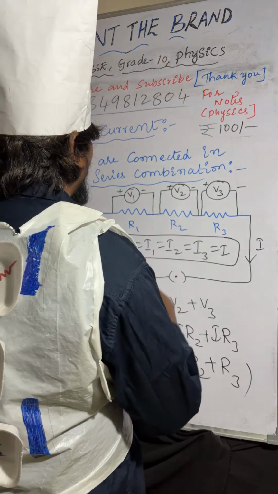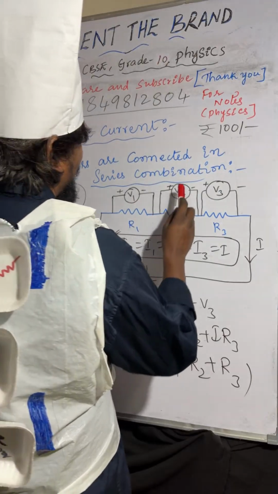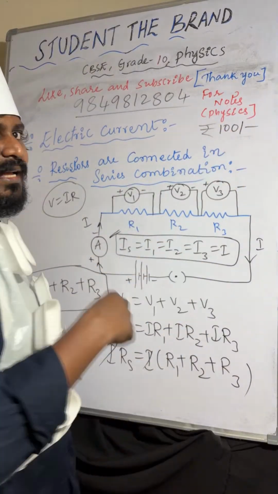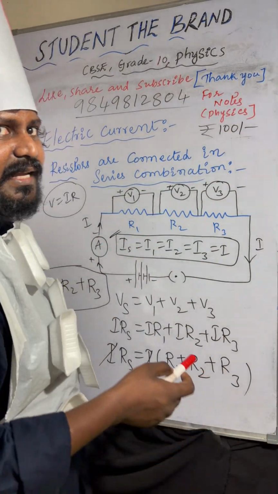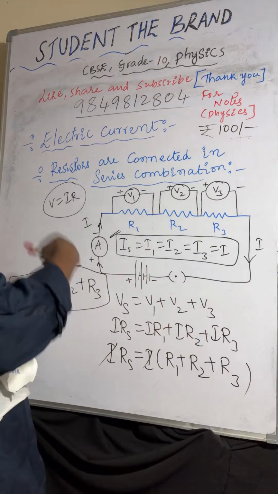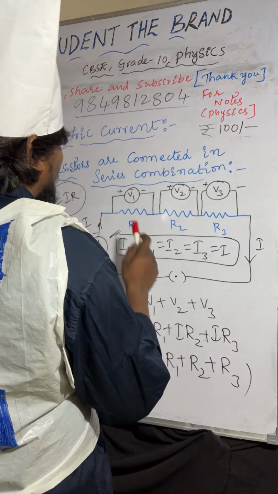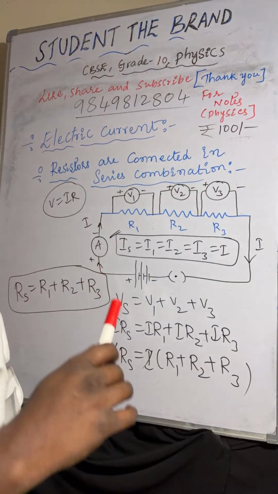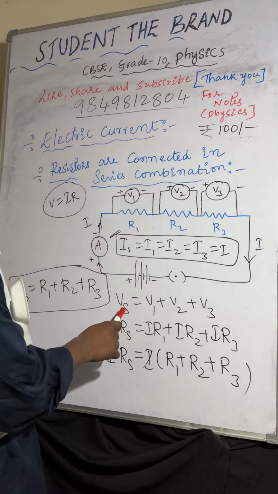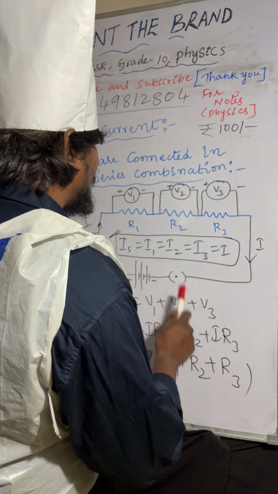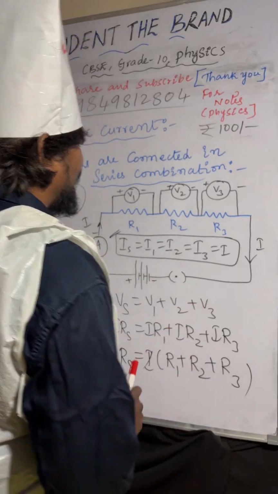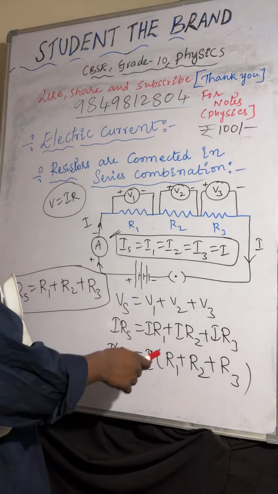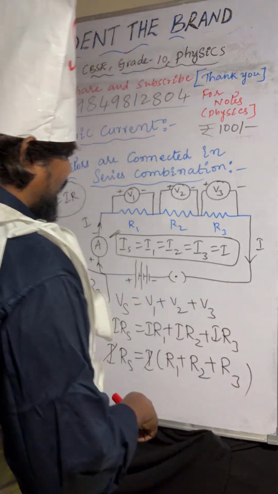R1, R2, R3: across R1, V1; across R2, V2; across R3, V3. So ammeter, voltmeter: current is the same, current is flowing in the circuit. I1, I2, I3, I are the same entering the circuit. But Vs equals V1 plus V2 plus V3. IRs equals IR1 plus IR2 plus IR3.